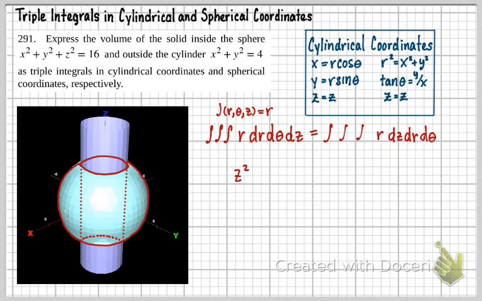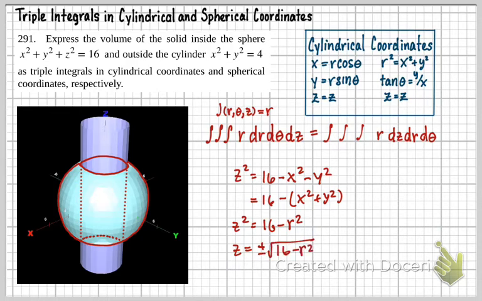And I have z squared equals 16 minus x squared minus y squared. Now again, I have to have it in terms of r. So one thing I noticed here was this is really 16 minus (x squared plus y squared). And x squared plus y squared equals r squared. So then really for z squared, I get 16 minus r squared. And then to find z, I would square root both sides. So it's going to be plus or minus the square root of 16 minus r squared.